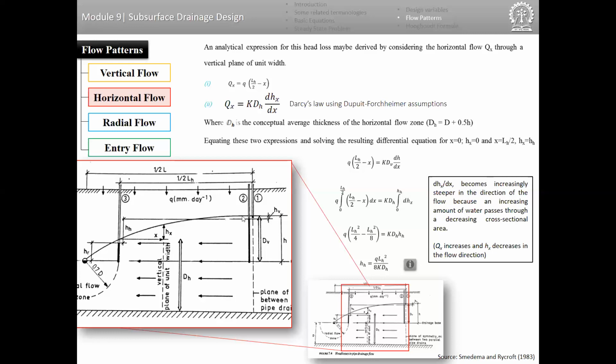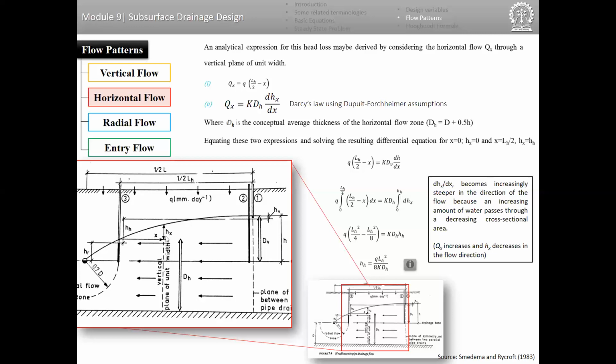Let's say at this point, if you want to write Qx, that is the horizontal flow, it is equal to K times DH into dHx by dx, where K is your horizontal hydraulic conductivity.